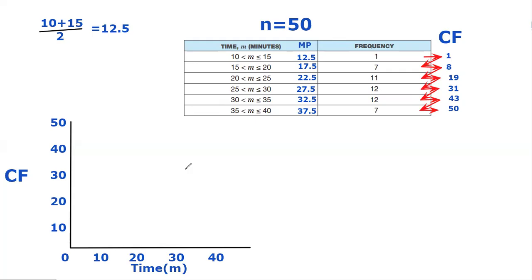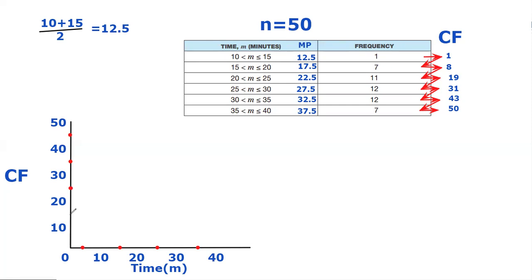So 12.5, which is over here, that's 10. Let's put 15s. So that's a 5. That's a 15. That's a 25. And that's 35. These points in the middle represent the middle ones, okay? So we understand how to draw it.